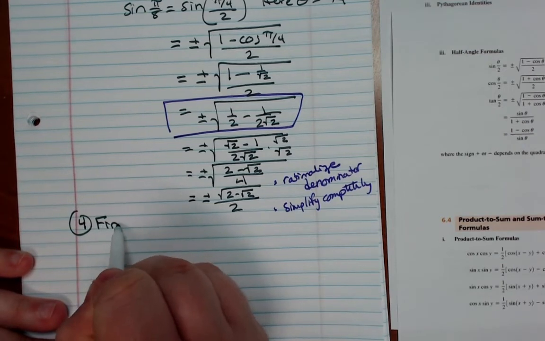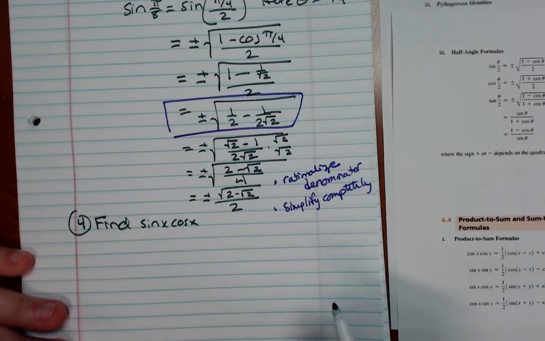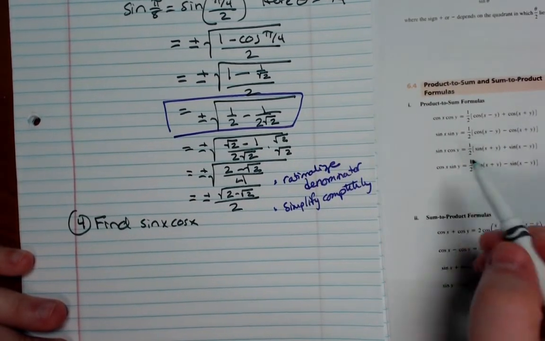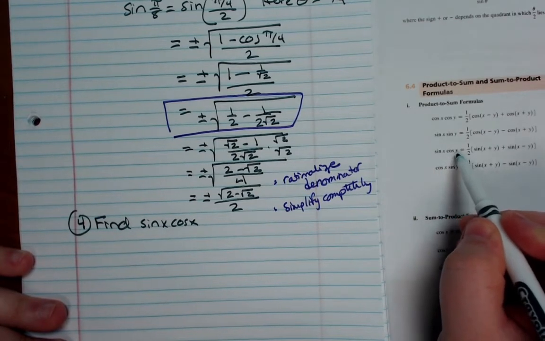Find sine x cosine x. And so now we have sine x cosine, well in this case y equals x.